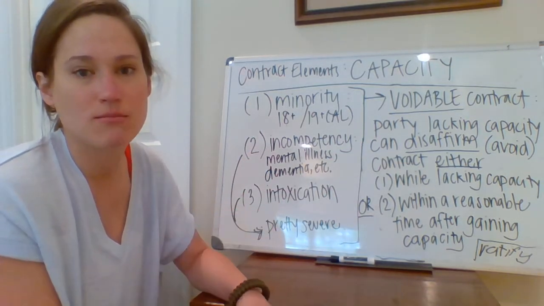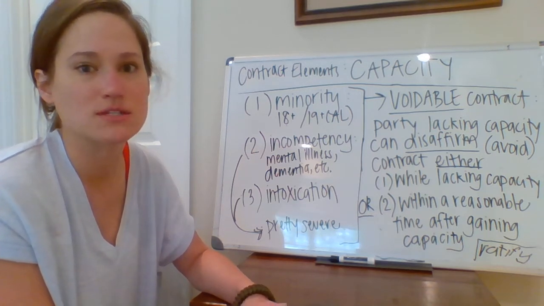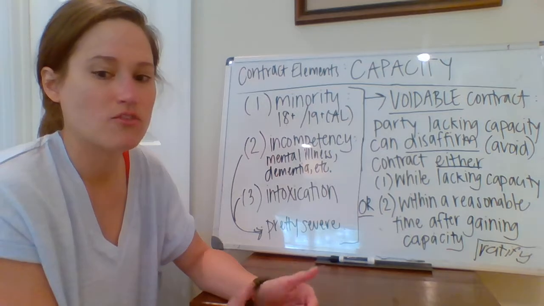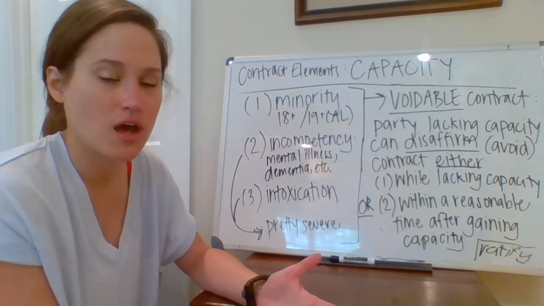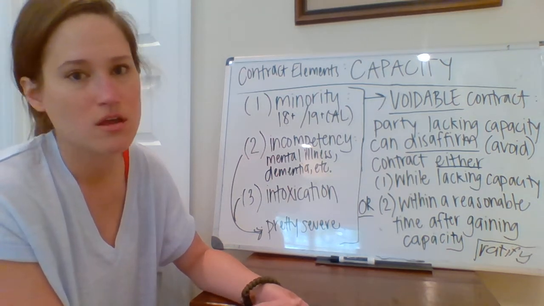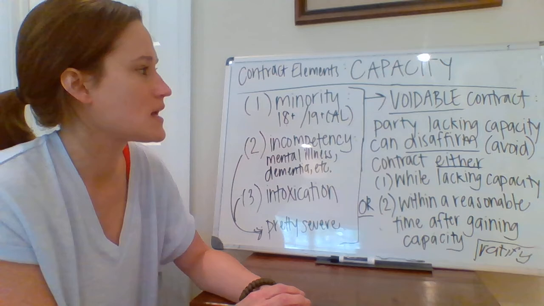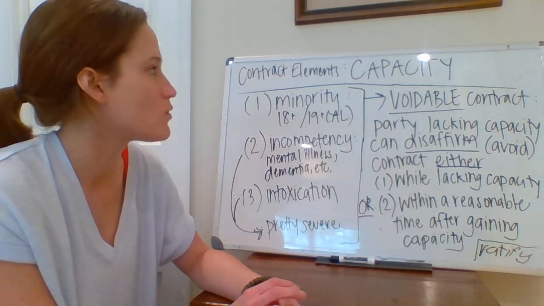Fraud is a good example. If there's been intentional misrepresentation in a contract negotiation, that would give the innocent party the option to disaffirm the contract once the fraud is discovered. So there are some other examples of issues that can make a contract avoidable.